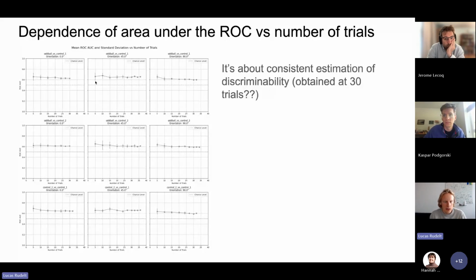So I think the way to interpret these curves is that if we have a consistent estimate of this area under the curve, then this is a good sign, because it gives us the hint that we can actually estimate this discriminability based on the number of trials we have available.